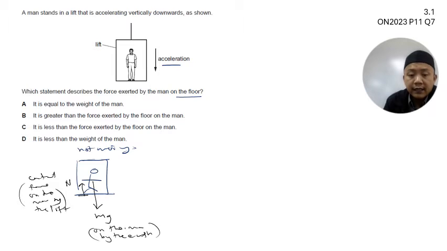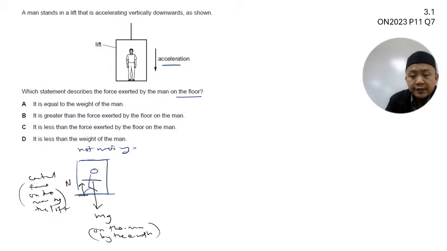By considering only these two forces, since the lift is not moving, there's no resultant force. Based on Newton's first law, when there's no external net force, the object will either remain at rest or move at constant velocity, because there's no acceleration.